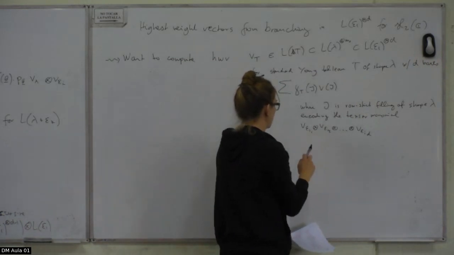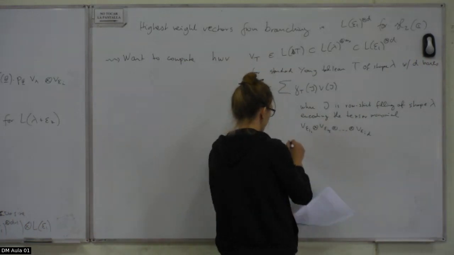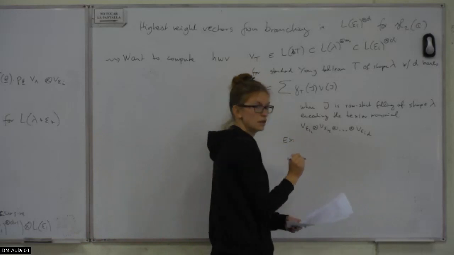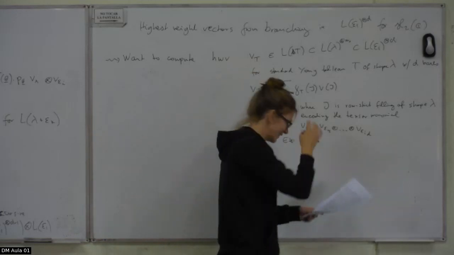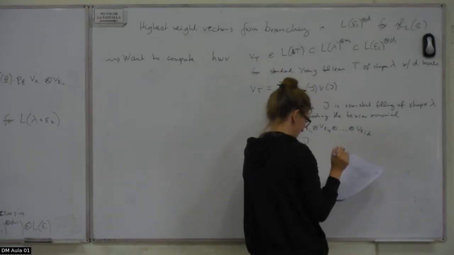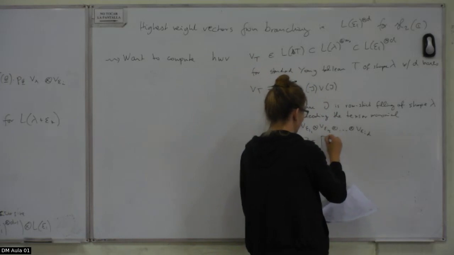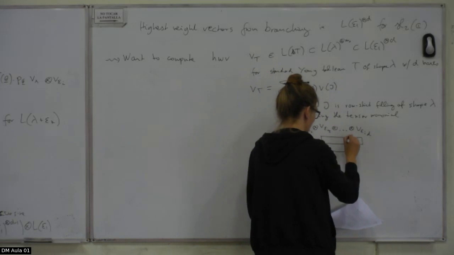And so let me just do a little example. And what does it mean, row strict filling? Let me just do a little example. Yeah, sorry, I think these things are best explained by examples. So it has two rows because n is equal to 2.